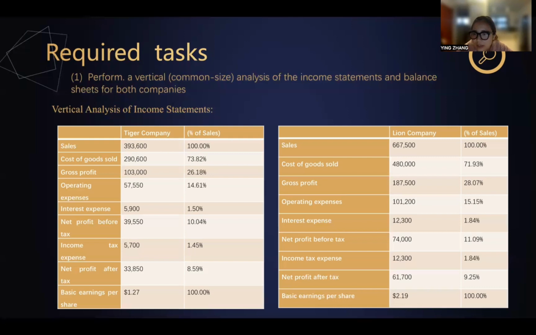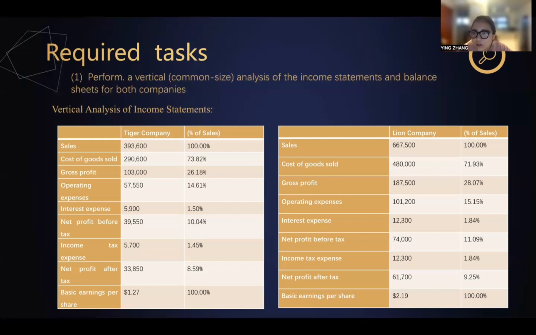Loin Company has a higher net profit before tax, representing 11.09% of sales, compared to Tiger Company's 10.04%. This indicates that Loin Company achieves a higher profitability relative to sales.